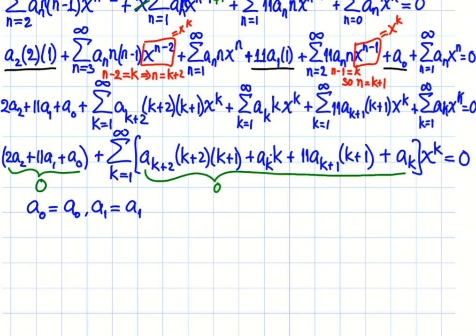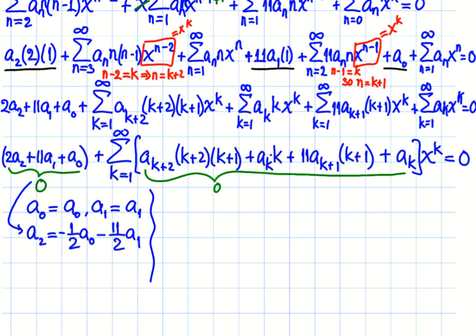Right. From here, we can solve for A2. So A2 equal to A0 brought to the other side, we have negative 1/2 A0, and 11A1 moved to the other side and then divided by 2. So that's what we have.